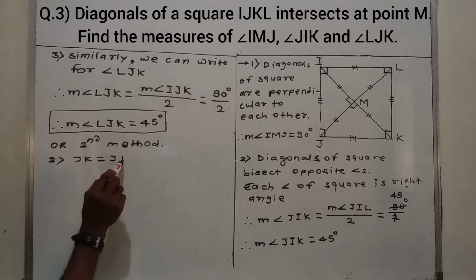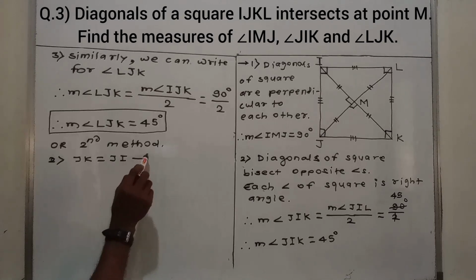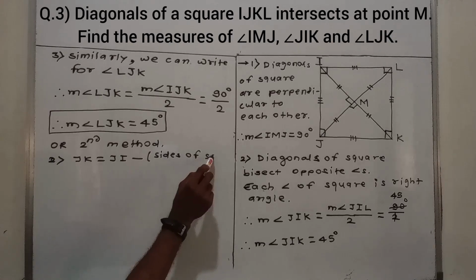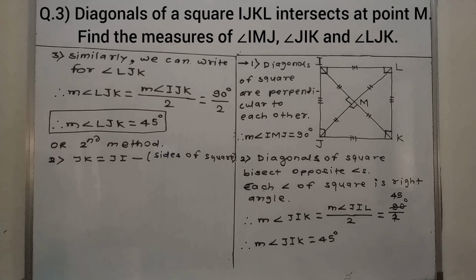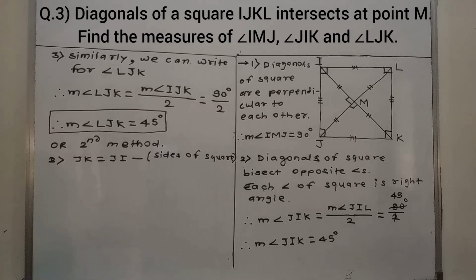JK is equal to JI because sides of a square are all congruent. These are adjacent sides of square IJKL. Therefore, if these two sides are congruent, their lengths are equal, then opposite angles are also congruent.